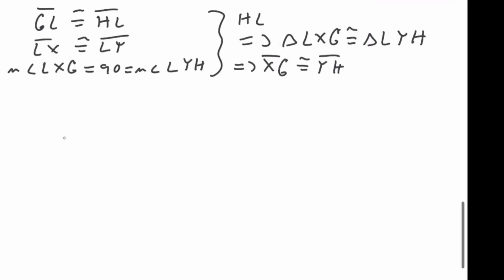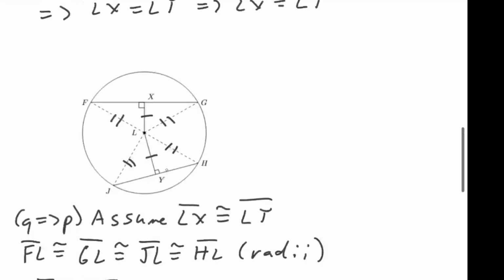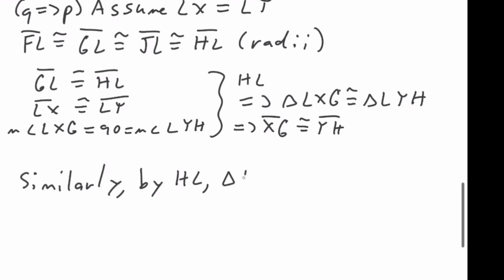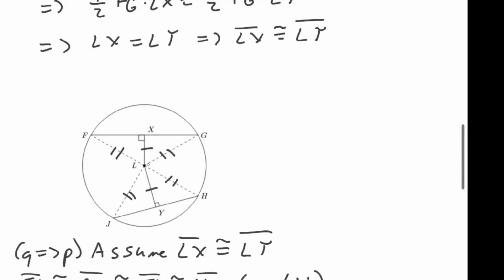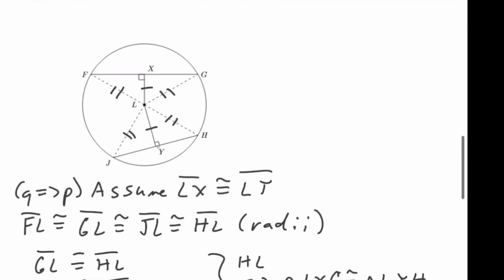So similarly, by hypotenuse leg, triangle FXL, or LXF, is congruent to triangle LYJ. And of course, if those two triangles are congruent, that means FX is congruent to JY.